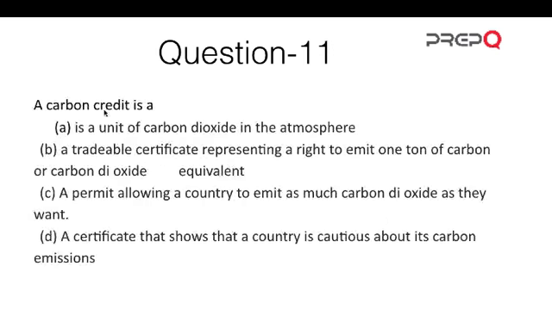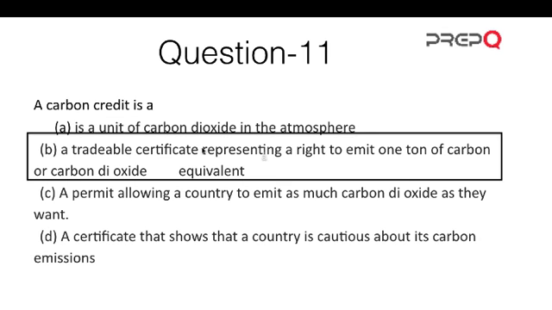Next, a carbon credit is... the correct answer is a tradable certificate representing a right to emit 1 ton of carbon dioxide or equivalent. At this juncture, it is also important to understand what carbon emissions trading is, because carbon credits are used for carbon emissions trading. Let's say there are two countries, country X and country Y. Both these countries will have an allowable limit of carbon emission.